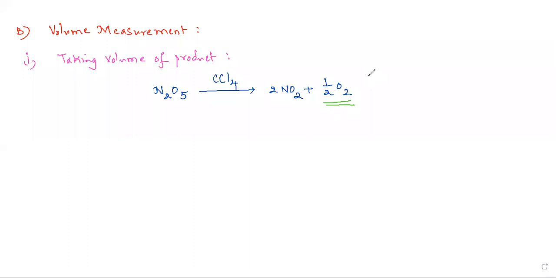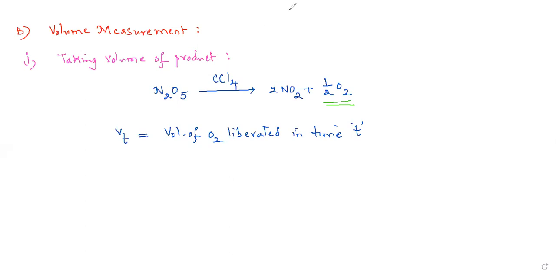Now, let us take Vt as the volume of oxygen liberated in a time t. But what does that indicate indirectly?